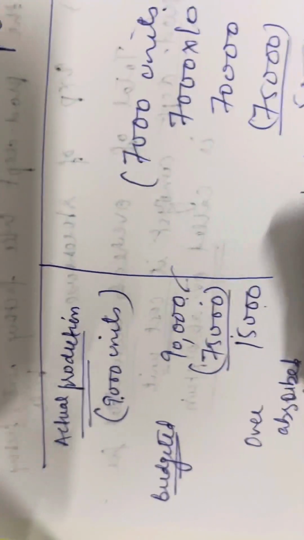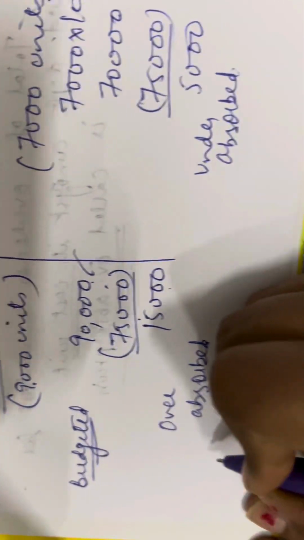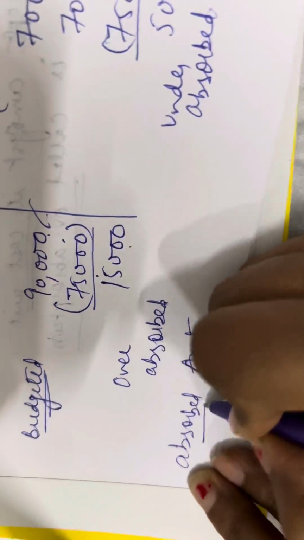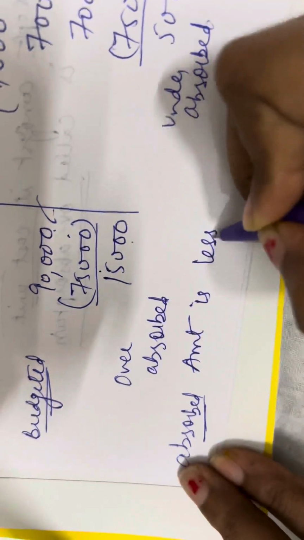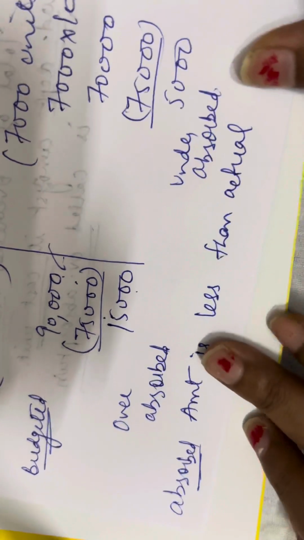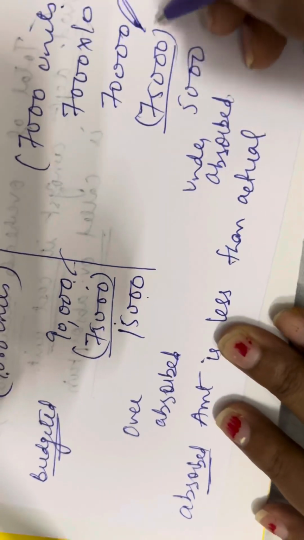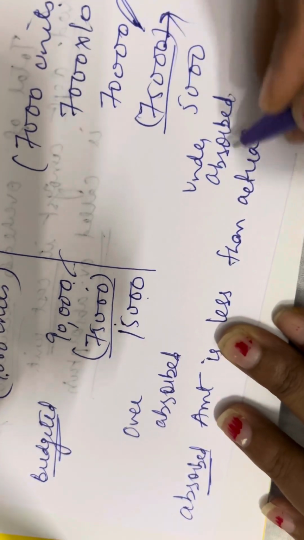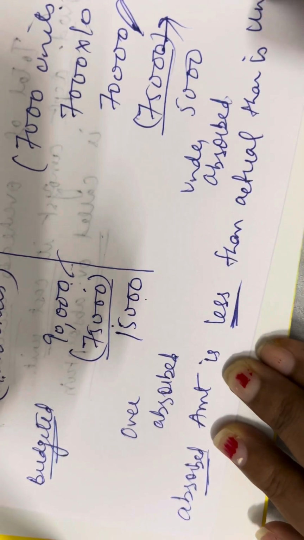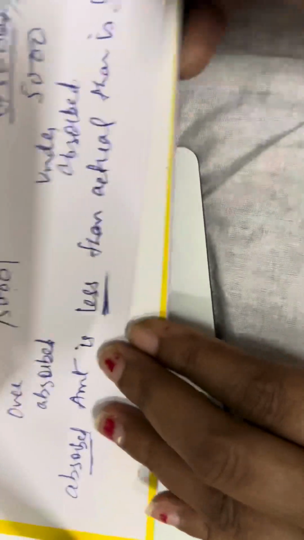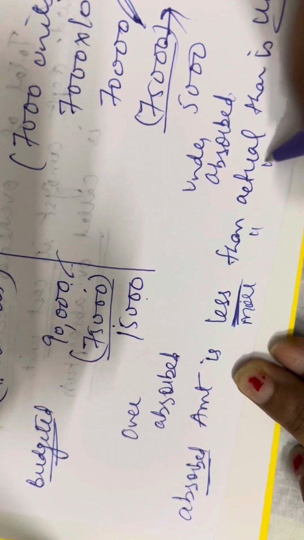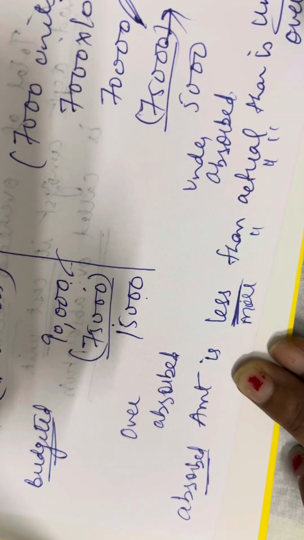But when the absorbed amount is less than actual, how much have we absorbed? 70,000, but actual is 75,000. It means it is less, so it is under absorbed. Otherwise, if it is more, then it is over absorbed.